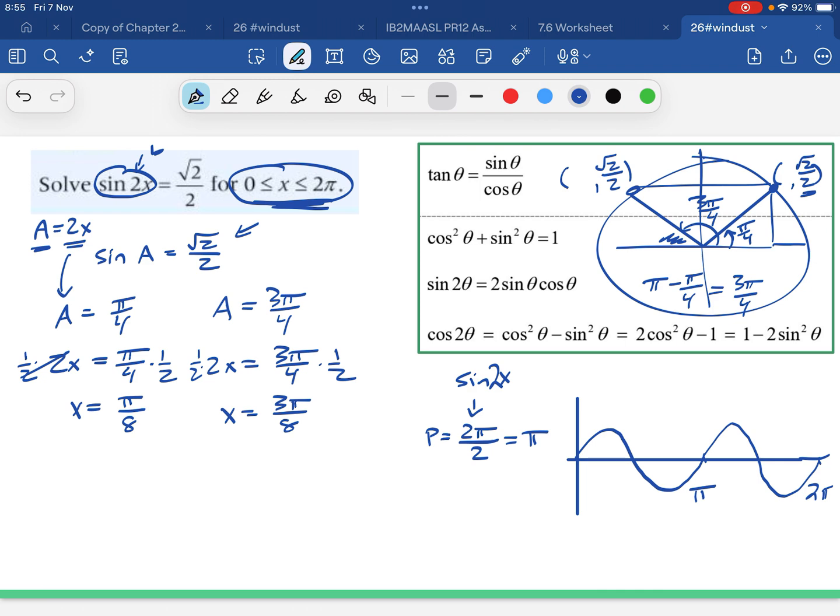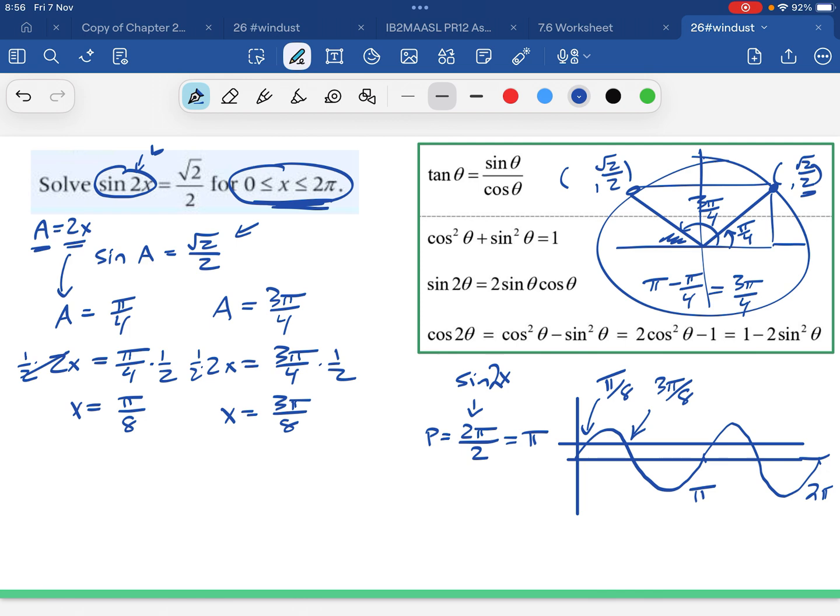Root 2 over 2 is going to be some decimal, which is a positive number. If I draw a horizontal line right there, you can see those two graphs intersect at 4 different places. The first 2 intersection points we've actually figured out: the first one happens at pi over 8, the second one happens at 3 pi over 8. We did that algebraically.